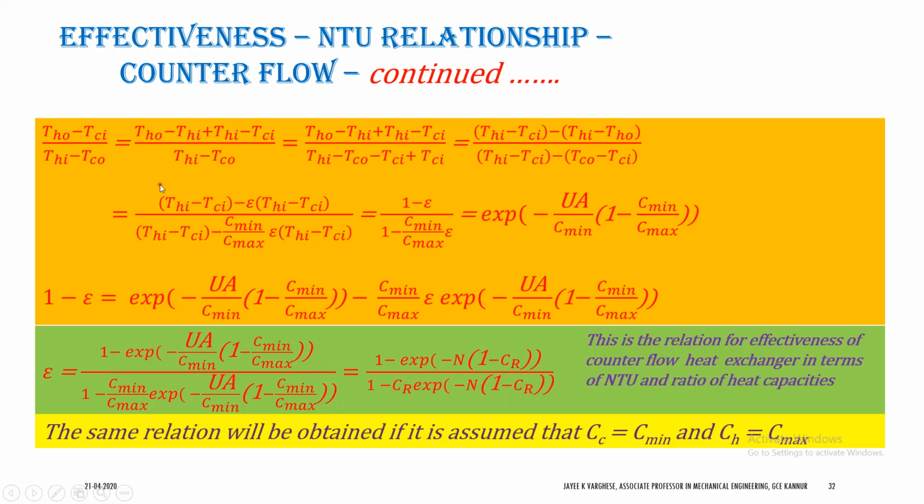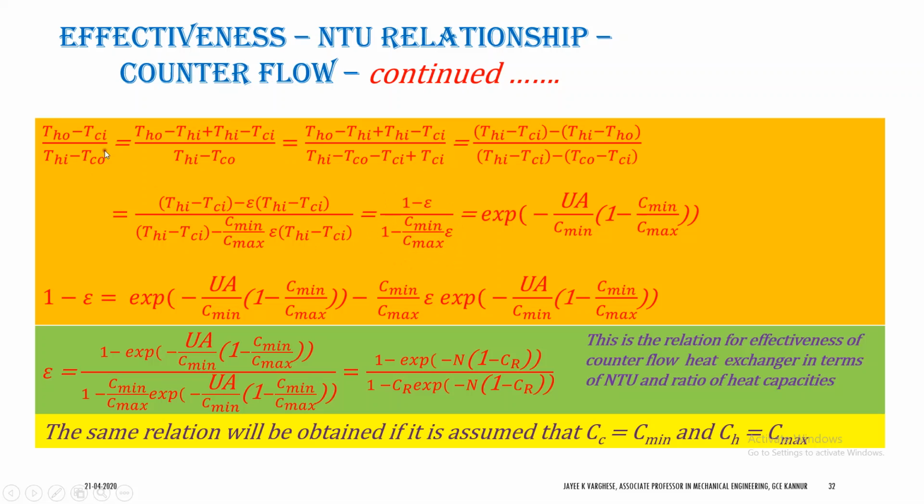Now the beauty of this type of manipulation is that we have all the terms written in terms of THI minus TCI, in the numerator and the denominator also. So from all the four terms, we can take THI minus TCI outside and cancel. After cancelling THI minus TCI from all the four terms, we will get (1 minus epsilon) divided by (1 minus Cmin by Cmax epsilon).